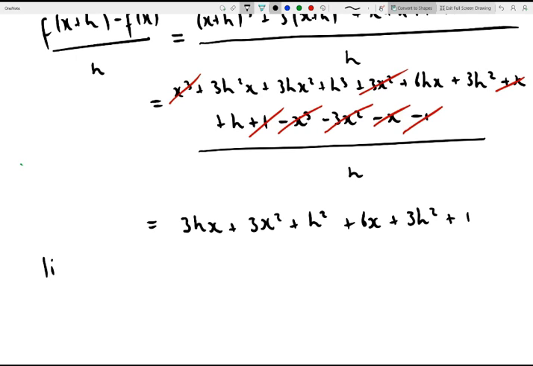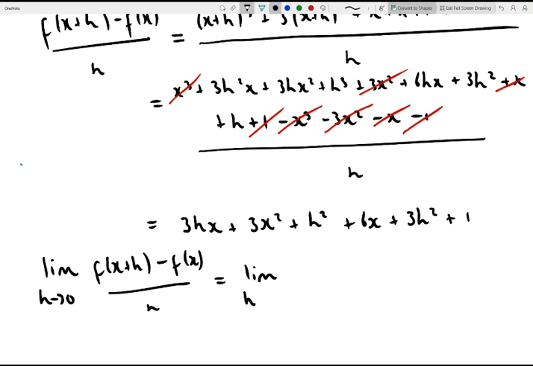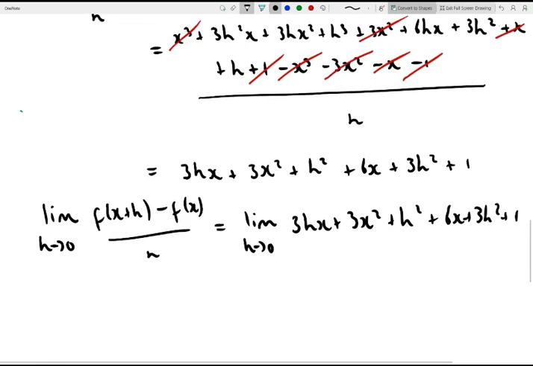And now we need to calculate the limit as h tends to 0 of f of x plus h minus f of x all over h, which is the limit as h tends to 0 of this plus h squared plus 6x plus 3h squared plus 1.